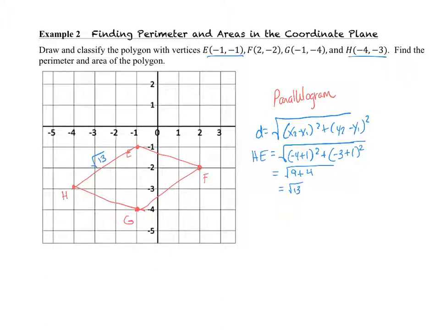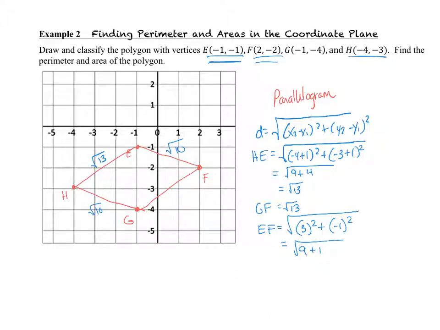And GF is going to be the same thing. You could calculate that and make sure. Now EF, let's look at EF. So E and F, distance formula. x2 minus x1, so that's going to be 2 minus -1, which is 3 squared, plus (-2 plus 1), which is -1 squared, and that equals 9 plus 1, so that's radical 10.